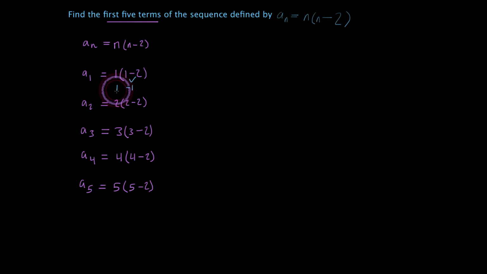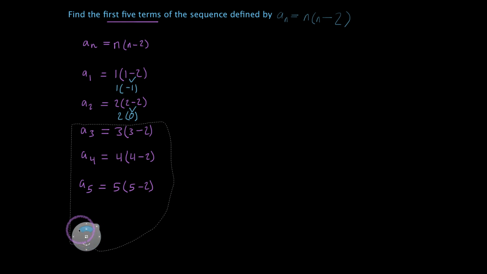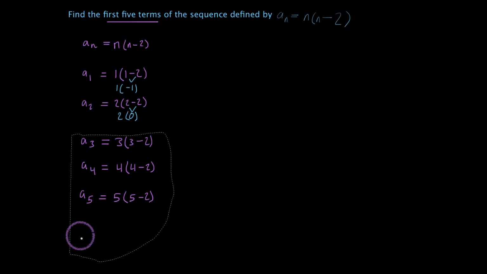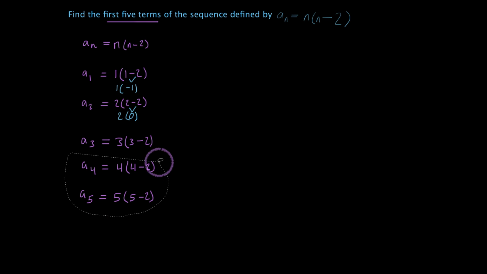So now I have 1 times negative 1. 2 minus 2 gives me a value of 0. So now I have 2 times 0. For these next ones, I'm going to probably run out of room, so let's go ahead and slide that down some. And now I'm just going to separate these out.